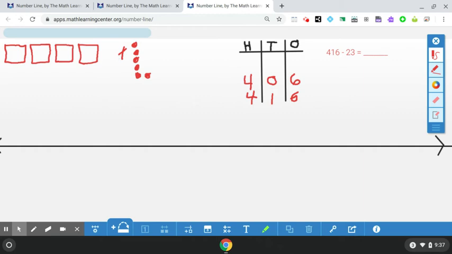Just like in our problem before, we know we have to break apart our hundreds block. And when I break apart that hundreds block, what comes out? 10 tens.